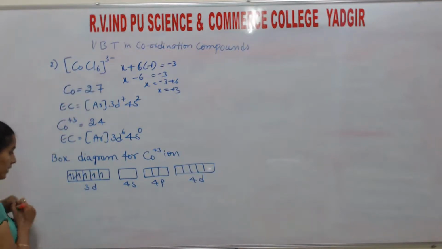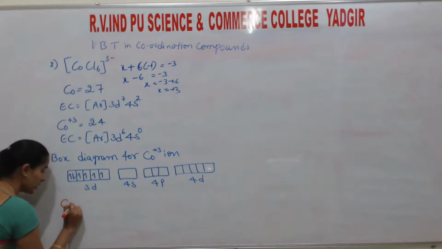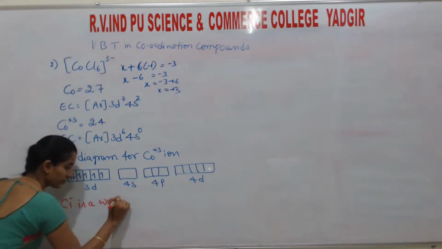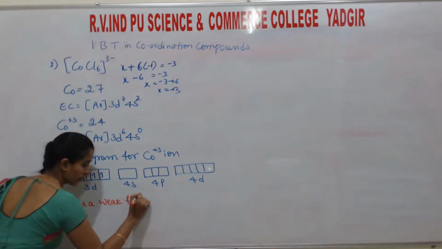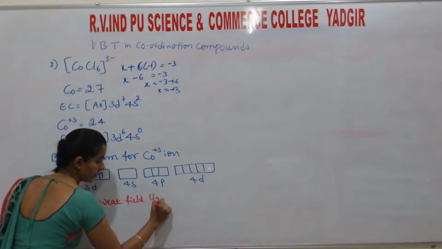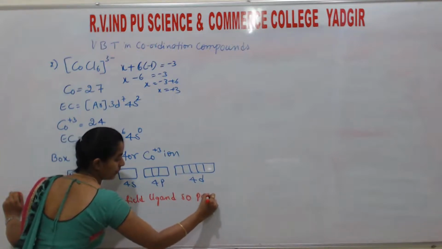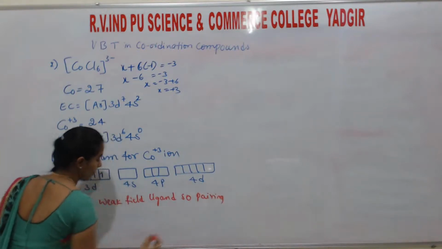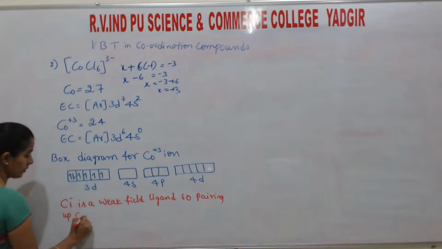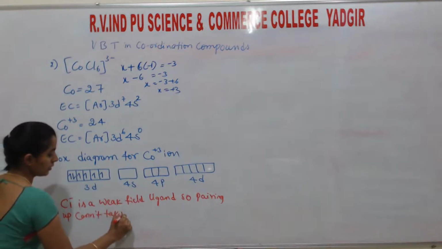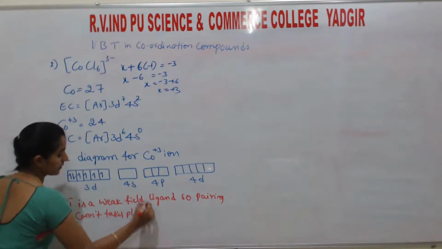So it is a weak field ligand, so you write here Cl minus is a weak field ligand. So pairing up cannot take place.